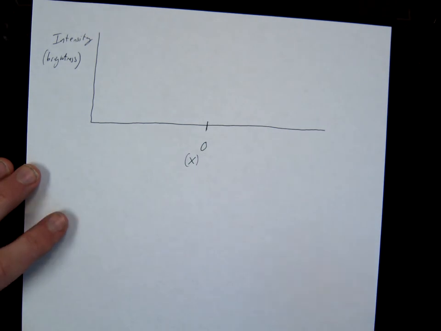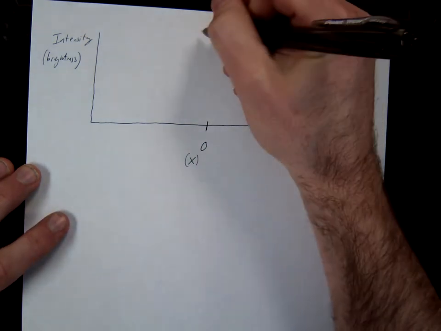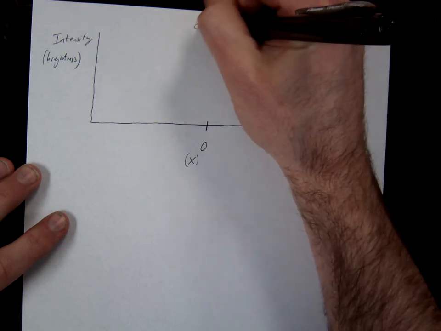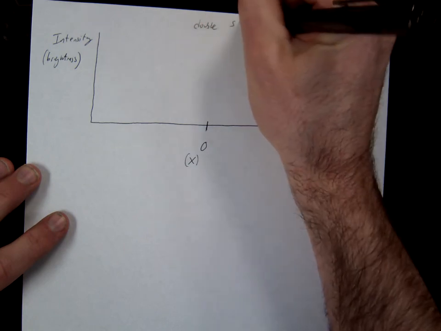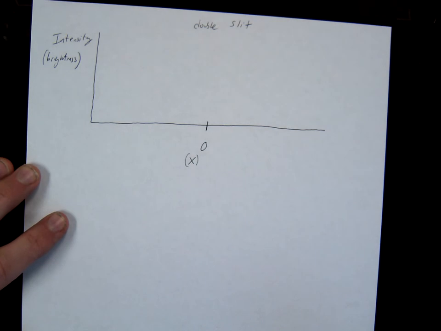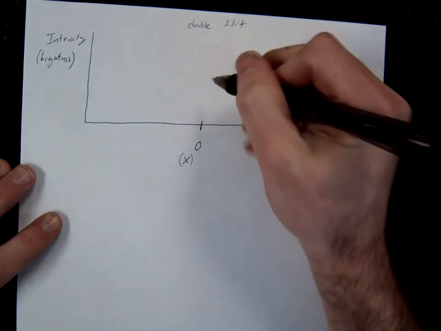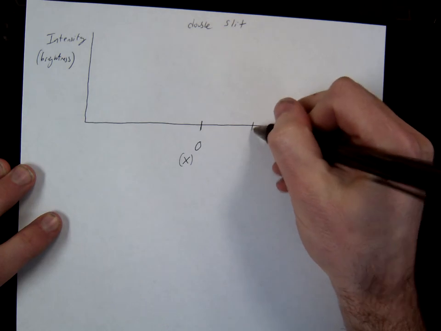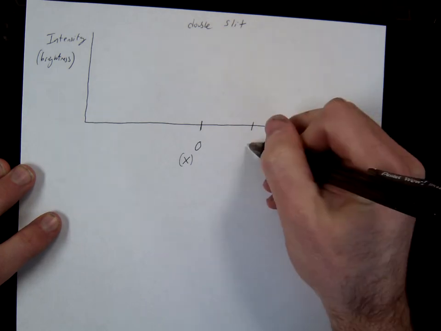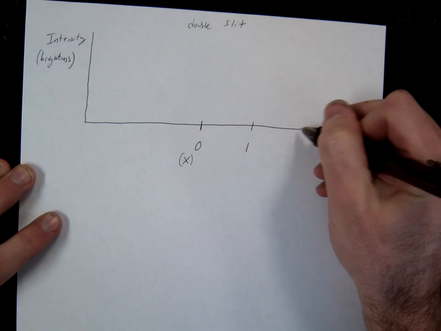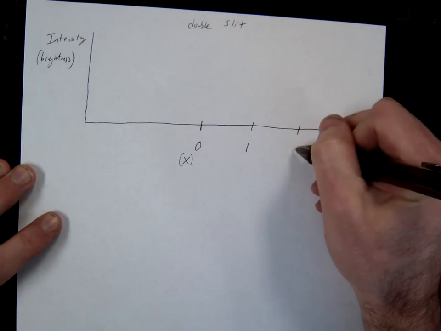Alright, so we're going to first do the double slit, and I just want you to have a mode of comparison for the 3. This is the double slit. Let's draw the first dark spot, first bright spot, second bright spot.